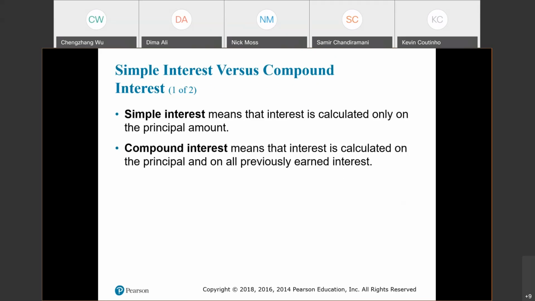So here, compound interest assumes that all interest earned will remain invested and earn additional interest at the same interest rate.